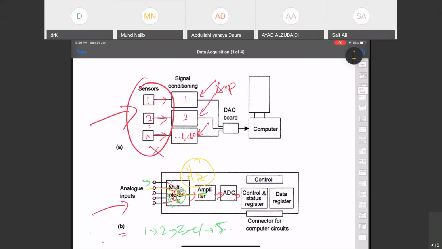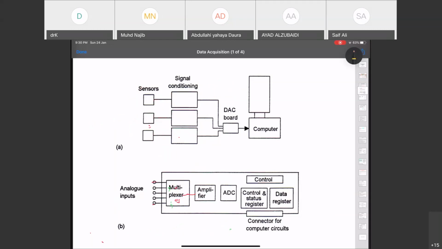Well, the question basically is how to relate the system to the car.